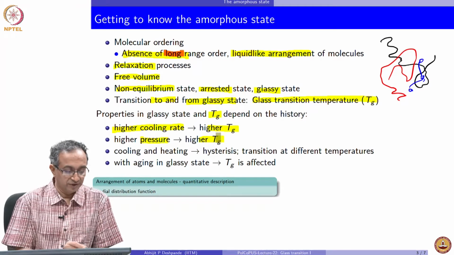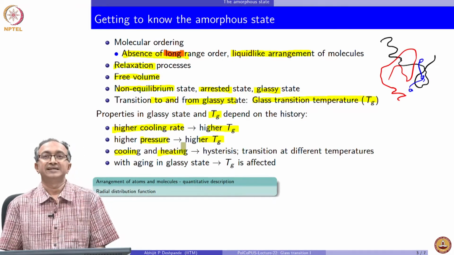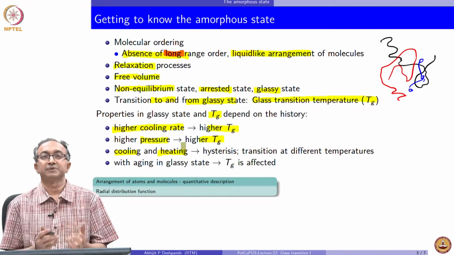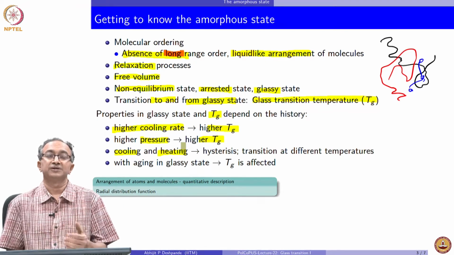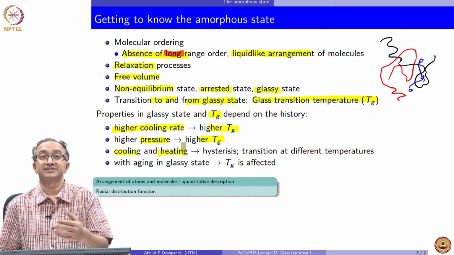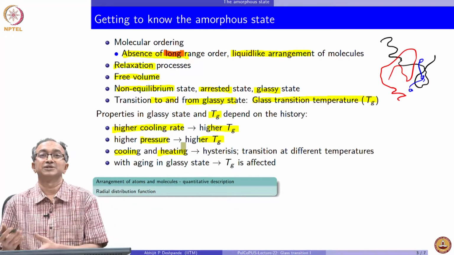So, generally also if I cool and heat repeatedly, what I will see is there is a hysteresis in terms of where exactly glass transition temperature is observed, because it depends on the cooling and heating, and also it depends on what was the thermal history of the sample. So, when the first heating is done or the first cooling that is done, that is going to be different compared to subsequent stages.